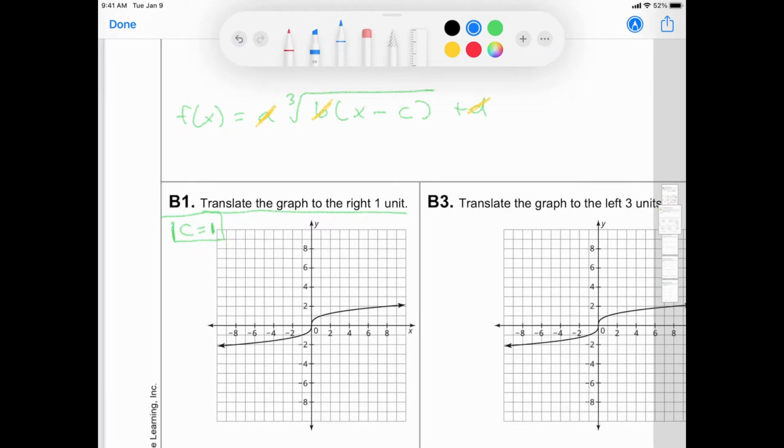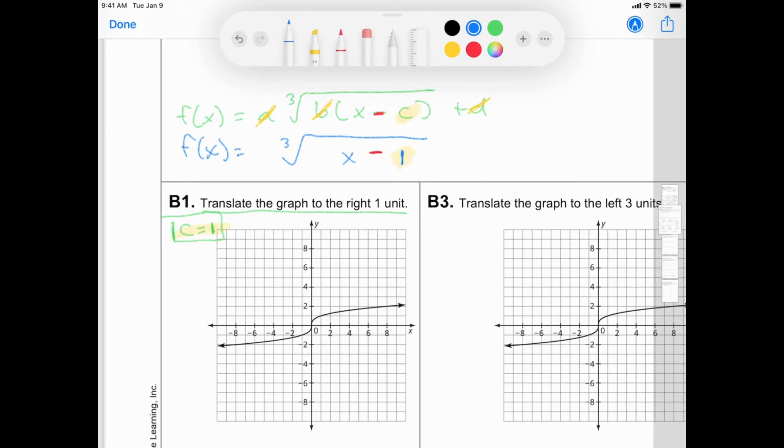So now I just have f of x equals the cube root of x. Now I'm going to put this one here, and we're trying to get c equals 1. So that's what I'm putting right there. And then we don't need the d value.